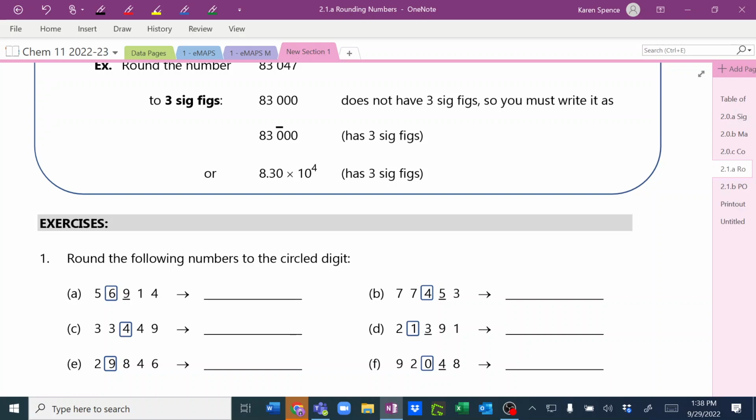Always answer in sig figs. Always. Unless it says not to.